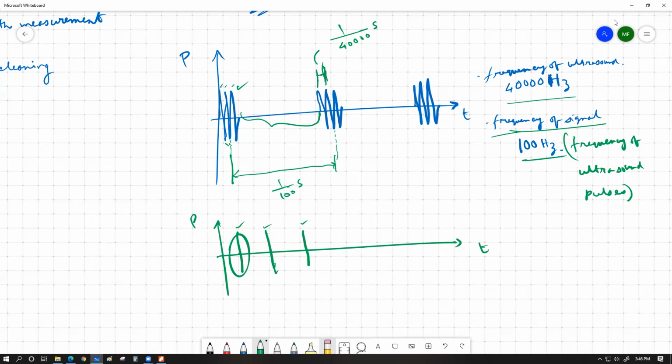I don't know exactly what that is, but I can actually go to some website and find that out. Let's say my voice frequency is 5,000 hertz, which means if I make a sound continuously, that would mean I'm making continuously 5,000 hertz sound pulses. So individual pulses are placed one after another.